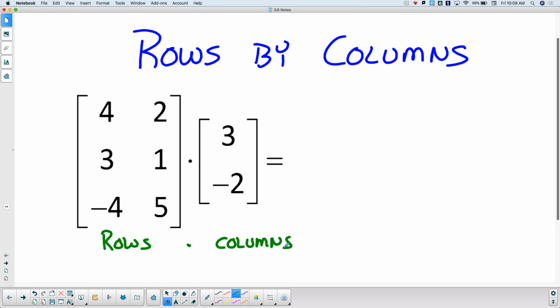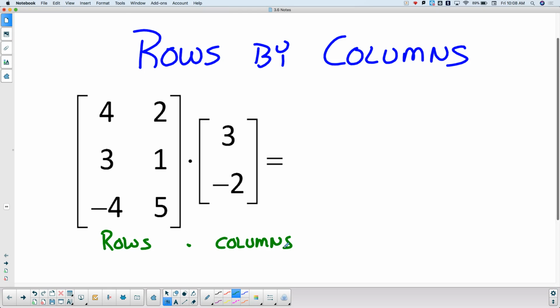That's how we do it. We take the rows of the first one because rows comes first. It's not columns by rows, it's rows by columns. So left to right, we take the rows of the left matrix times the columns of the right matrix.